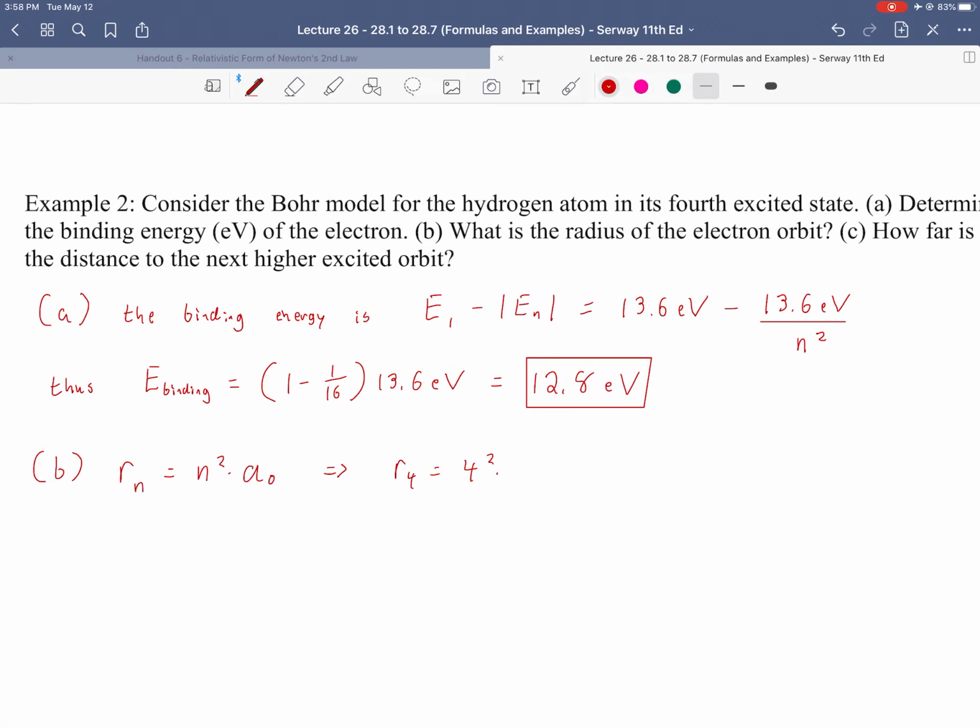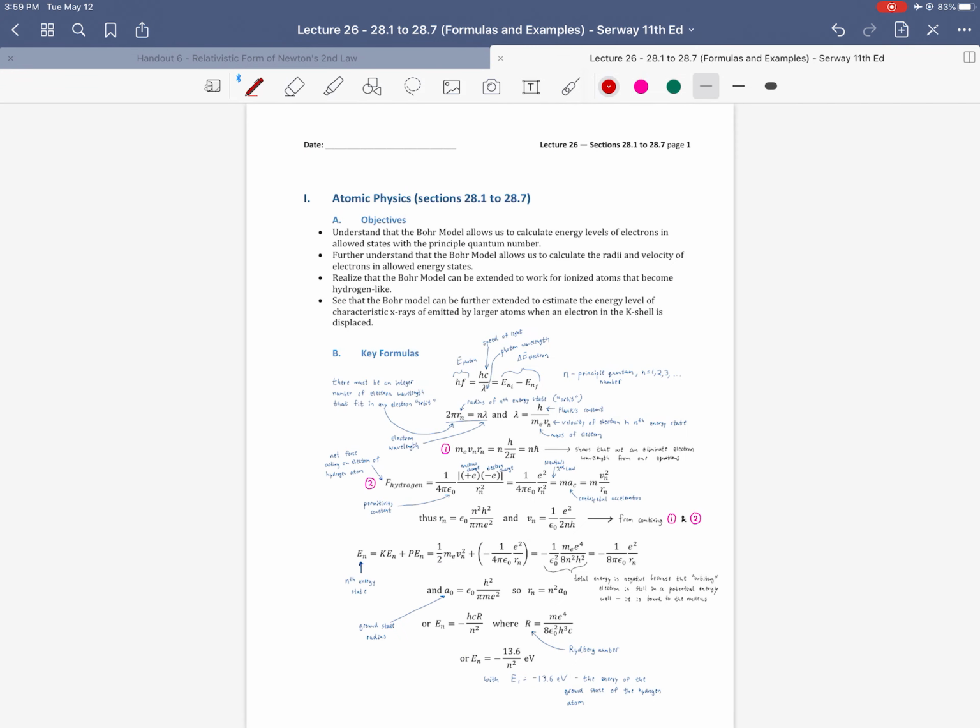So here, R4 is going to be 4 squared times our Bohr radius, which I haven't given you a numerical value for. So let's go ahead and work that out.